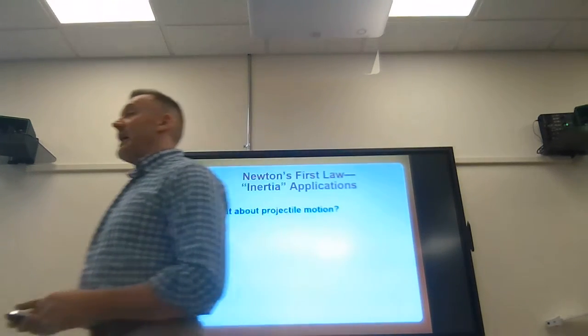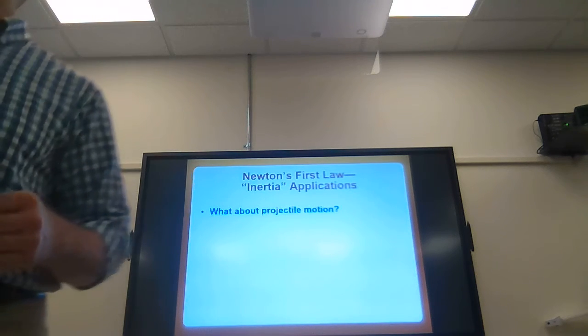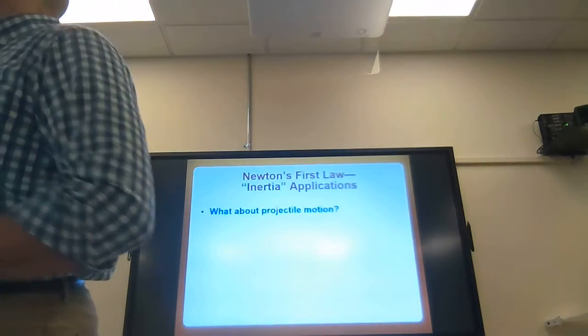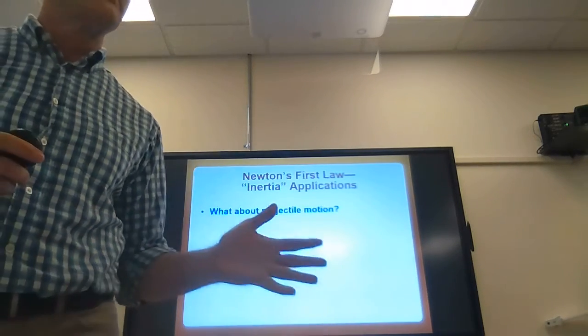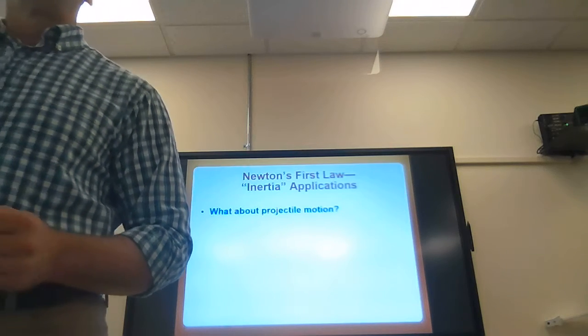Okay, so what about projectile motion, and how does that apply? Well, if we ignore air resistance, what's the horizontal acceleration of a projectile? If I was to throw a ball and that ball had both vertical and horizontal components, you know what the vertical acceleration is. We talked about it, negative 9.81 meters per second squared.